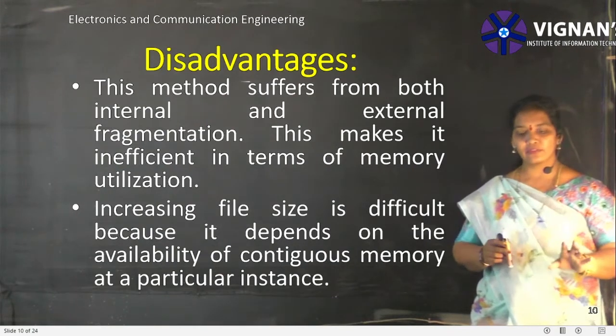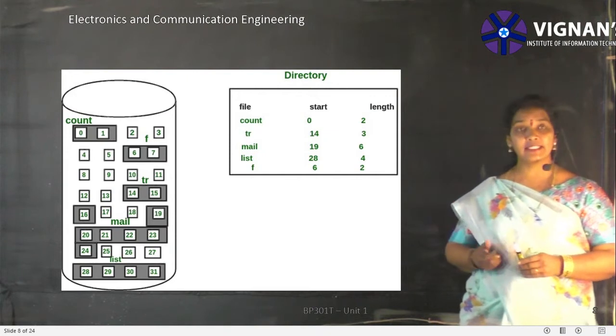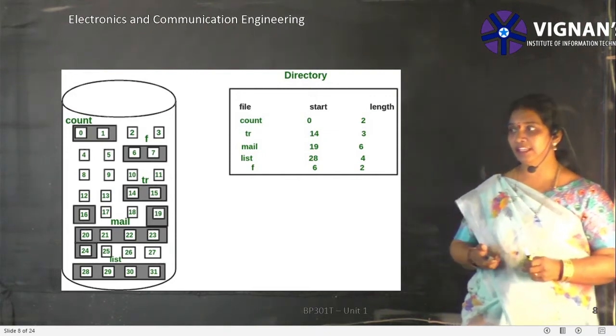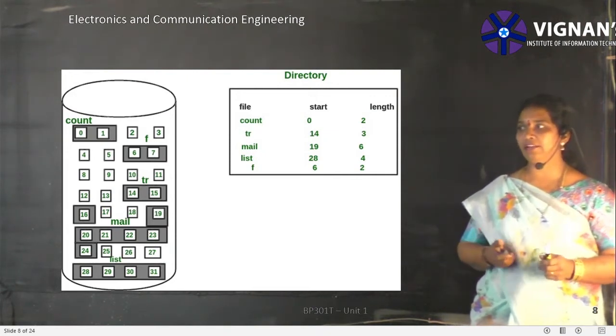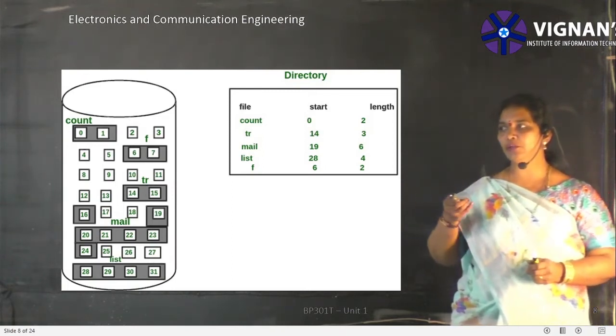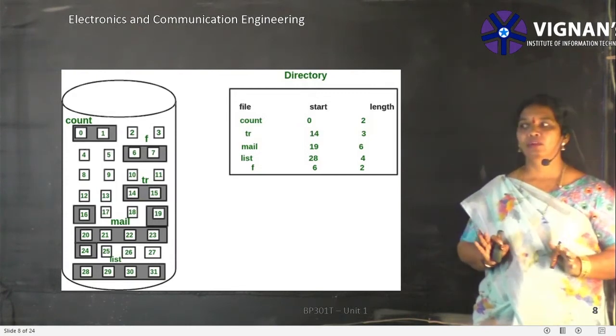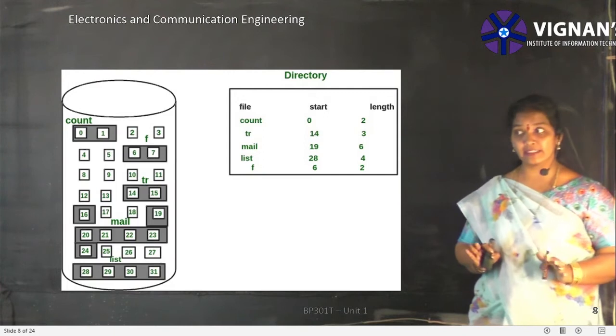Suppose in this allocation, we see that the available spaces are from 8 to 13, which means we have 6 continuous blocks vacant.